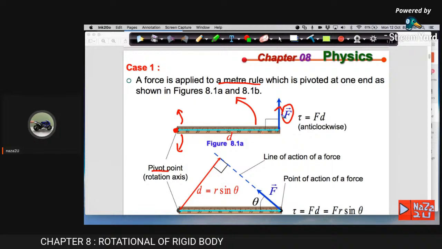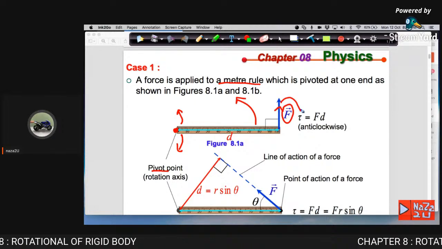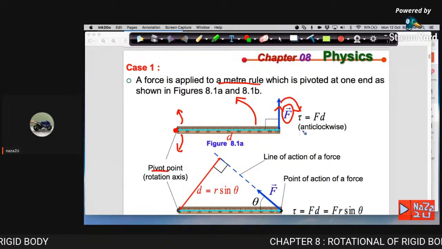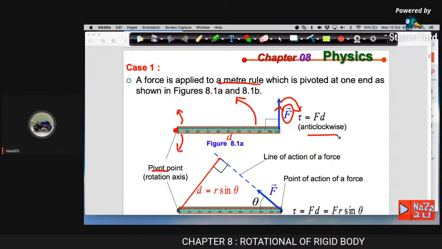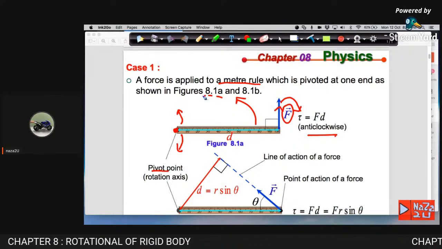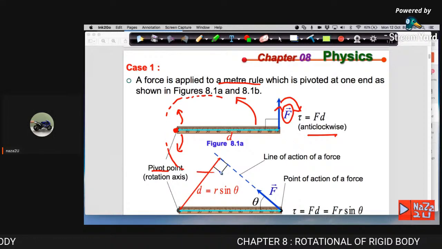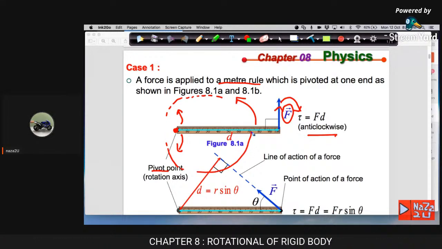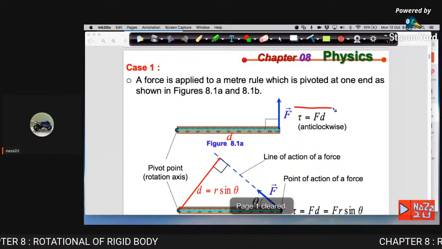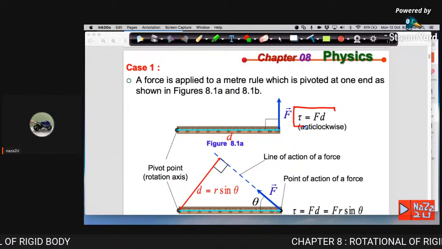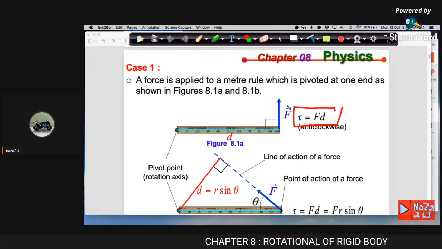So now kita akan ada torque yang bertindak dekat sini. So torque here is anti-clockwise. Why anti-clockwise? Because the motion or rotation of the object is anti-clockwise, lawan jam. Right? So now, to calculate the torque here, first you must have a force.